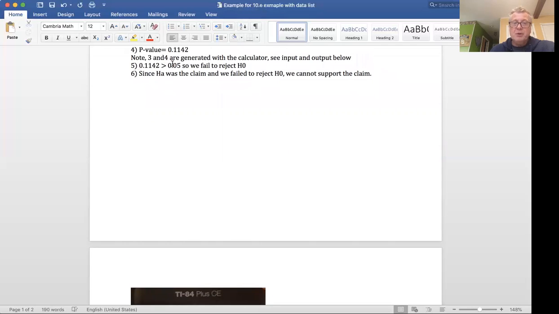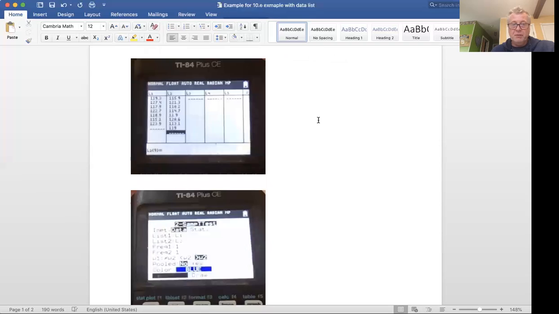The p-value is greater than 0.05, which means anytime the p-value is greater than the level of significance, we fail to reject H0. Since HA was the claim, and we failed to reject H0, we cannot support the claim that the strength of the bond is stronger with the new method. Okay? So it really is not overly effective.